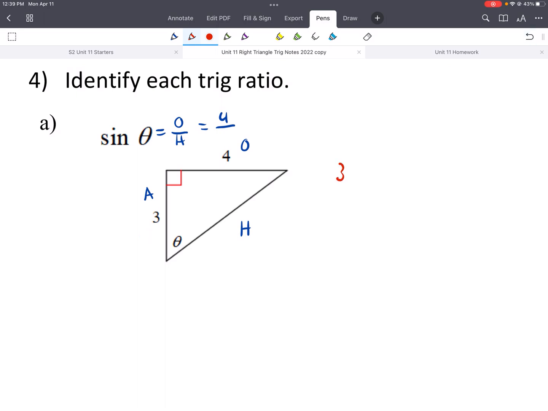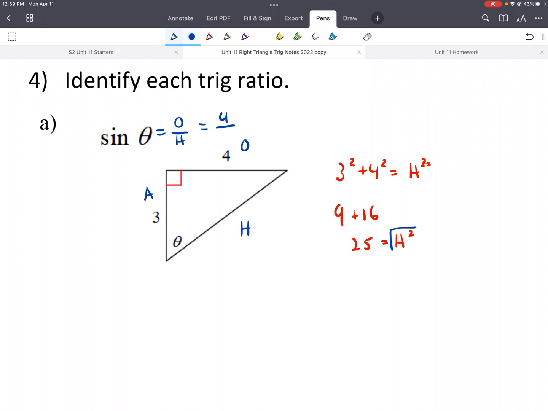So here we've got 3 squared plus 4 squared equals H squared. And again, the hypotenuse always has to be on the right side. So here we'd get 9 plus 16, which is 25, is equal to H squared. And if we want to get H by itself, we need to get rid of that squared.